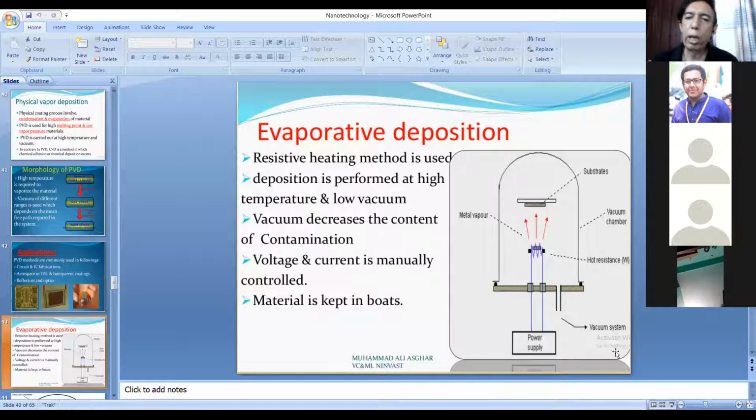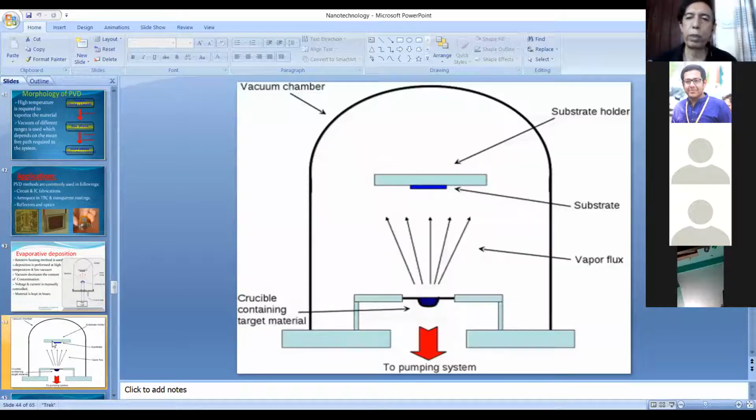Now, if we see the second slide of this, here you see the material is kept on a board. This is a crucible, and the material is kept on it, and heating is done this way.